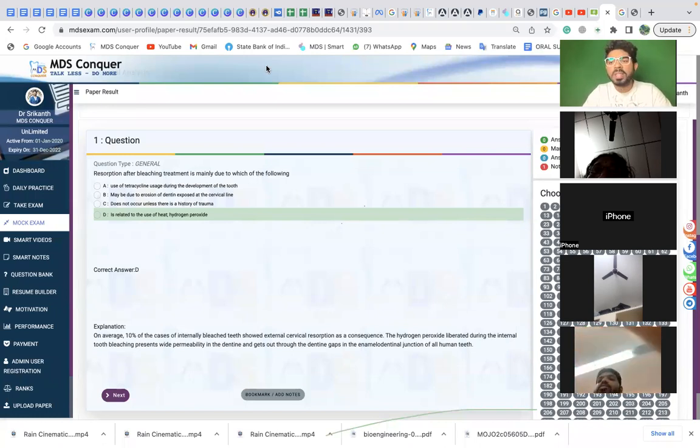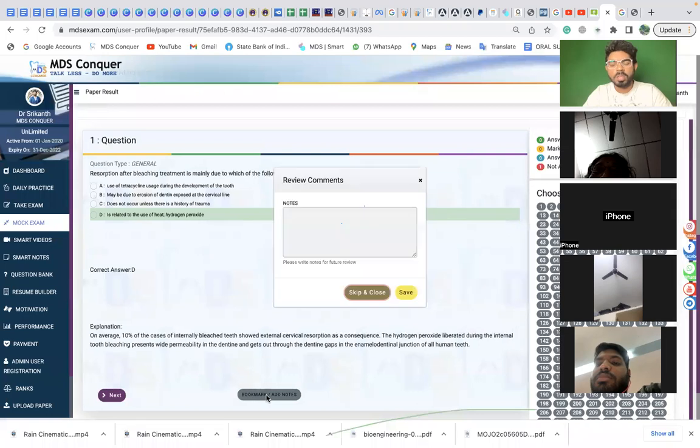So here you can see, you have something called a bookmark option. So what I'm going to do, I'm going to bookmark it. If you want to add any particular notes to this, for example, something related to bleaching for your satisfaction, I'm adding some notes. What I'm adding: H2O2, what is superoxide?